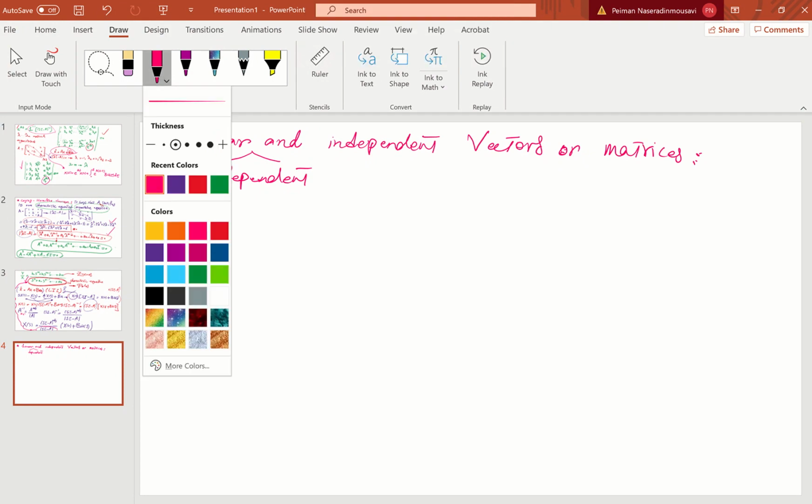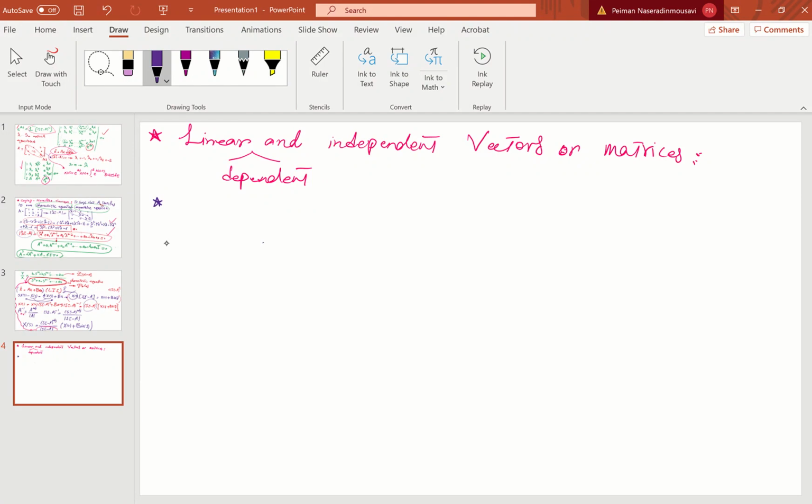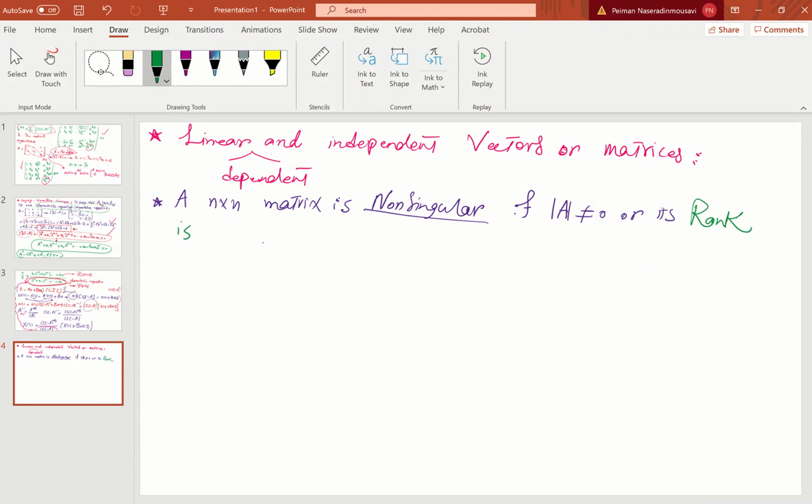So we say, this is a definition, an n by n matrix is non-singular if its determinant is not 0, or its rank is n.